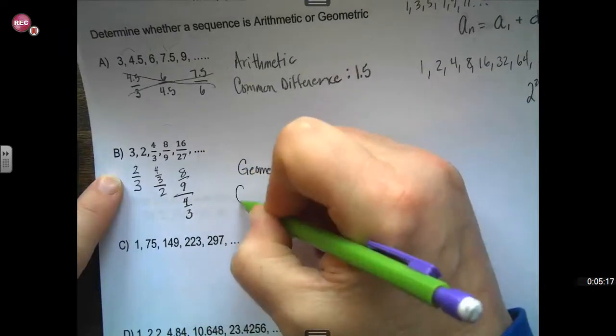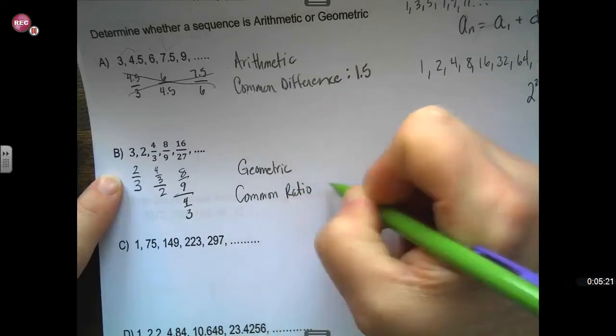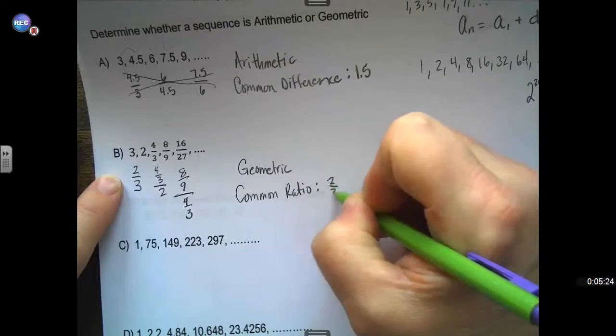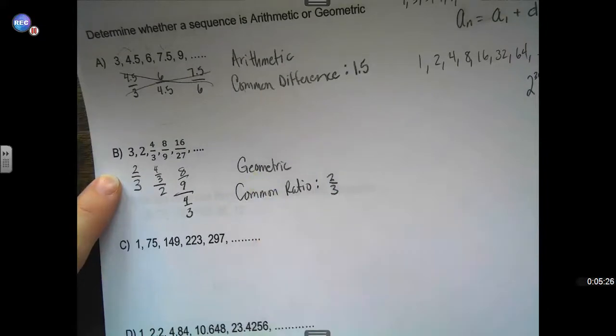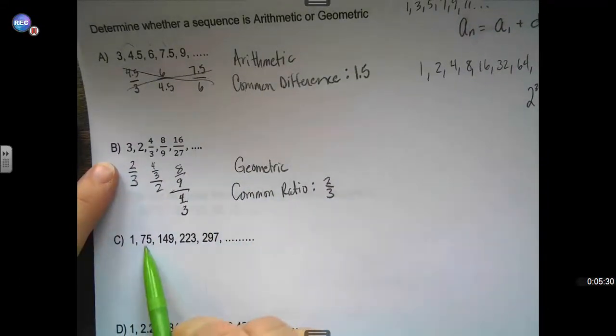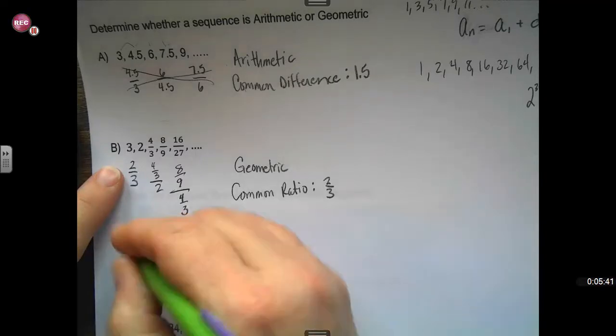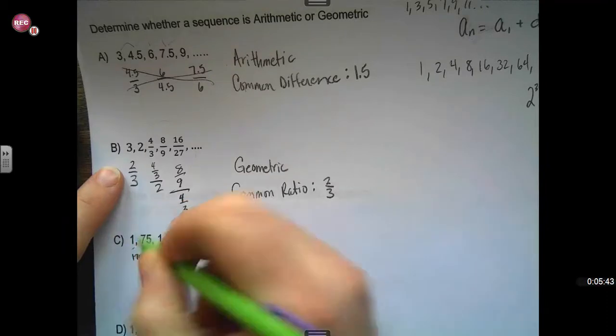And the common ratio is 2/3, because that's what I get when I divide. Okay? Next, 75 divided by 1 is 75. 149 divided by 75 is not 75. But 1 plus 74 is 75.